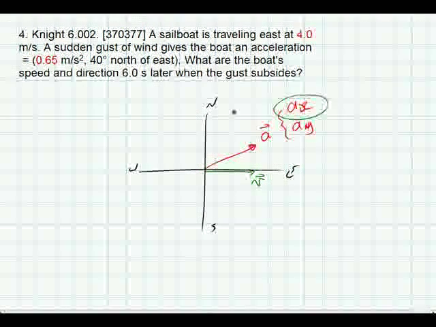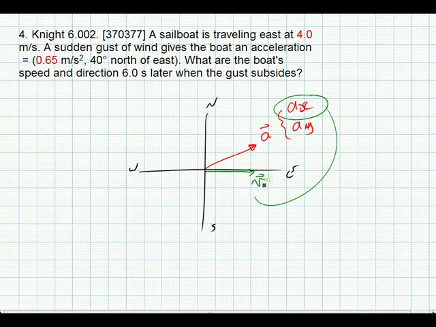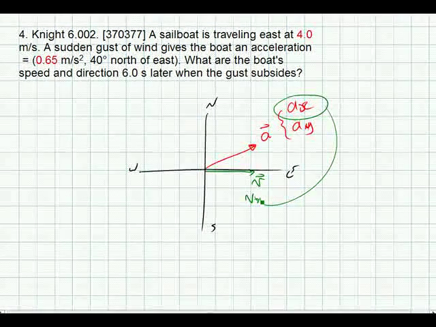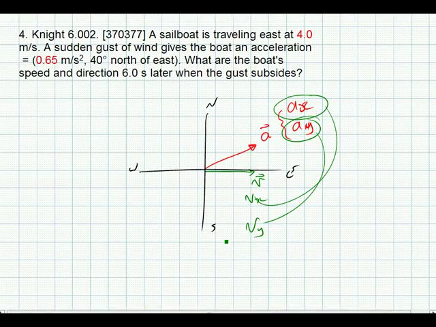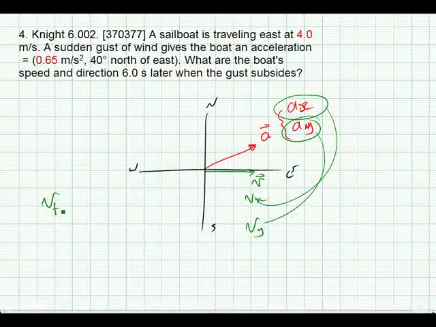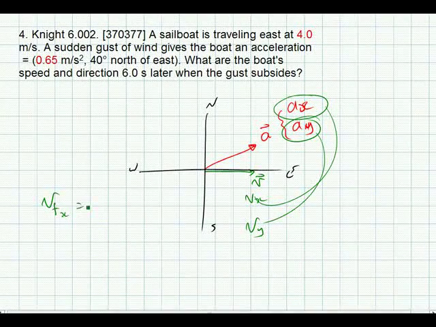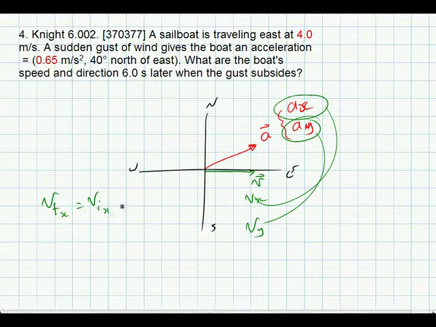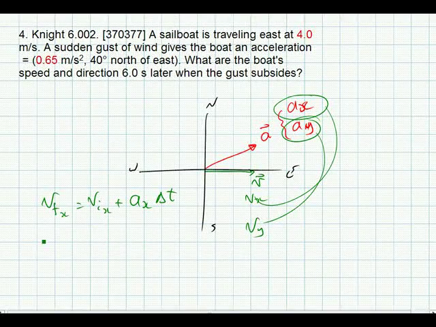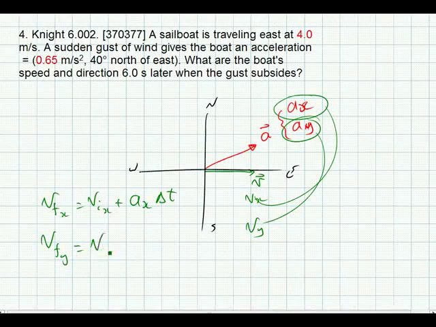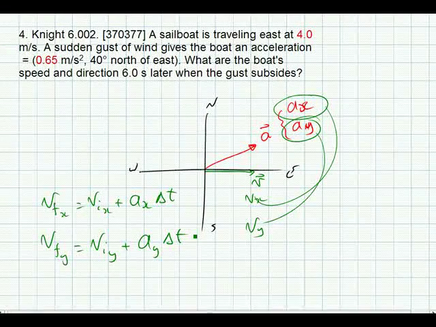So remember that the x component of acceleration acts on the x component of velocity, and the y component of acceleration acts on the y component of the velocity. And the two equations that you use, of course, are velocity final in the x direction is velocity initial in the x direction plus acceleration in the x direction times delta t, and velocity final in the y direction is velocity initial in the y direction plus acceleration in the y direction times delta t.